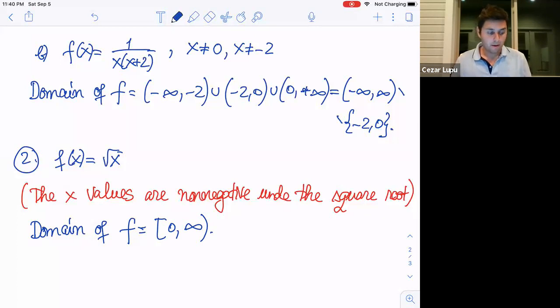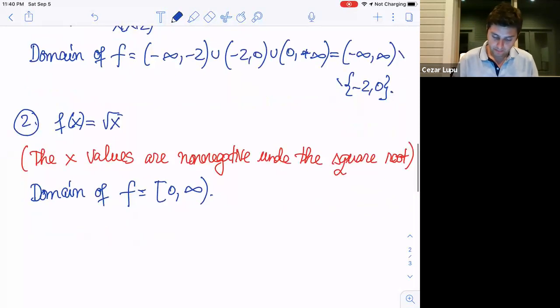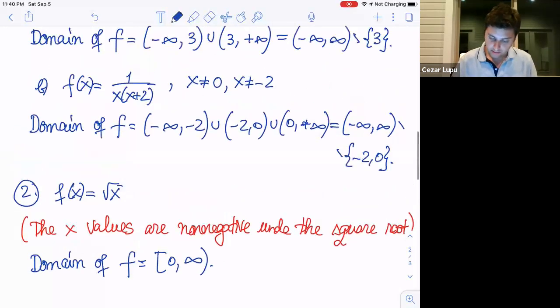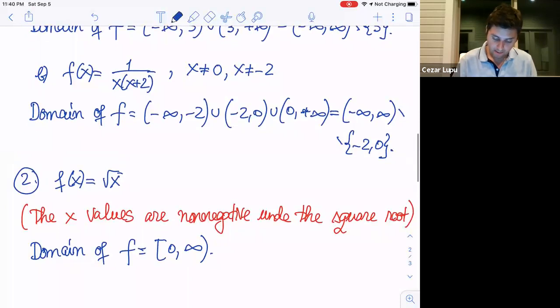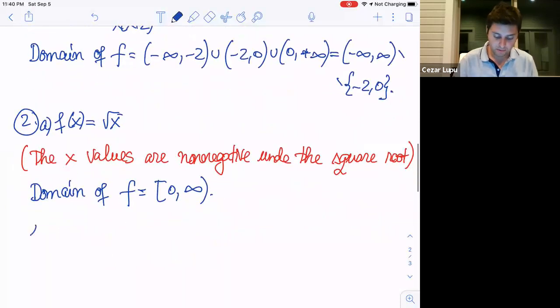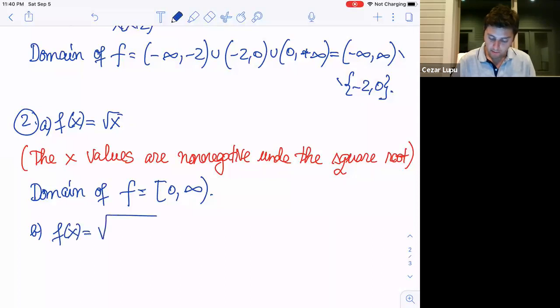All right. Now let's see some other examples. So let's say this is part a. Let's see some other square roots. B. Let me take the following one. f of x is the square root of 2 times (3x plus 1).